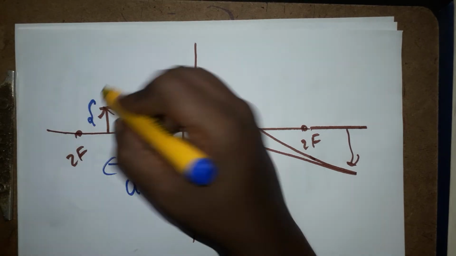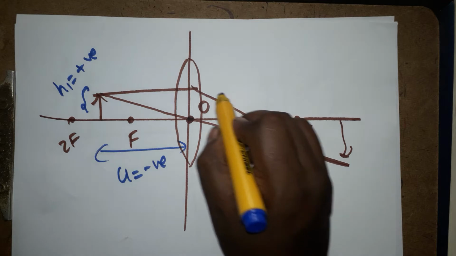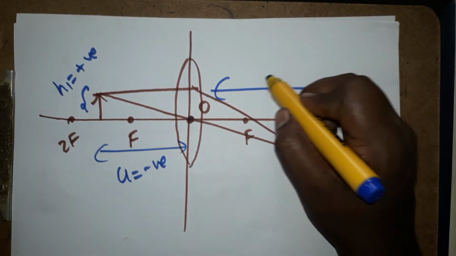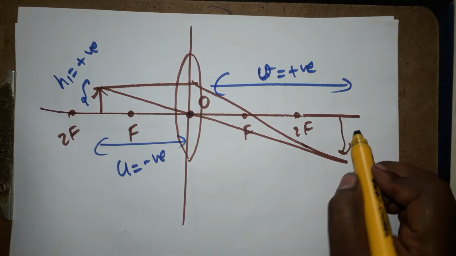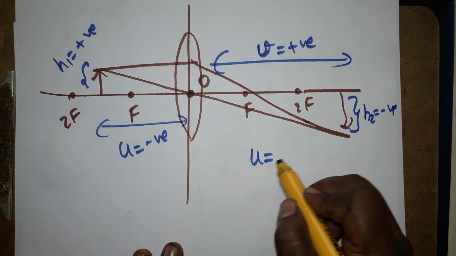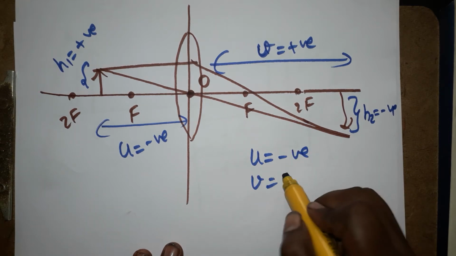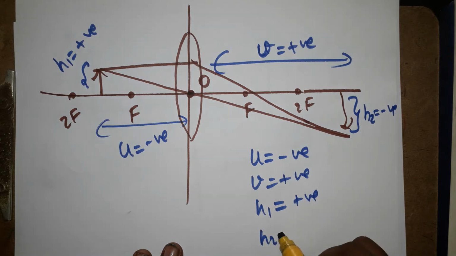Object distance will be negative. Object height will be positive. Image distance, on the right side of the optical center, will be positive. Image height H2 will be negative. So U will be negative, V will be positive, H1 will be positive, H2 will be negative.